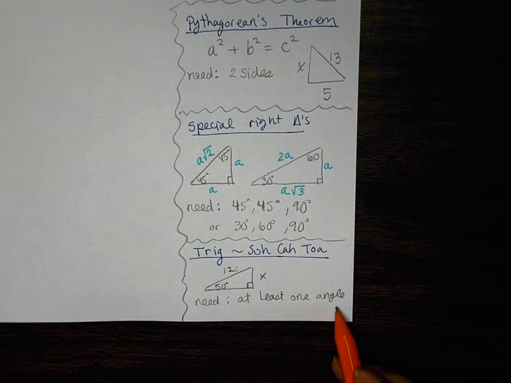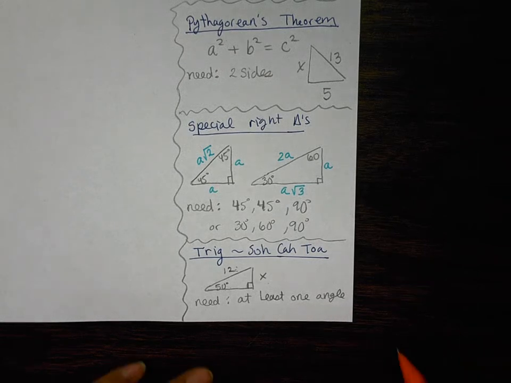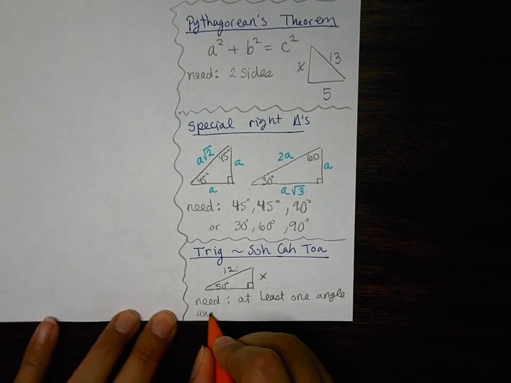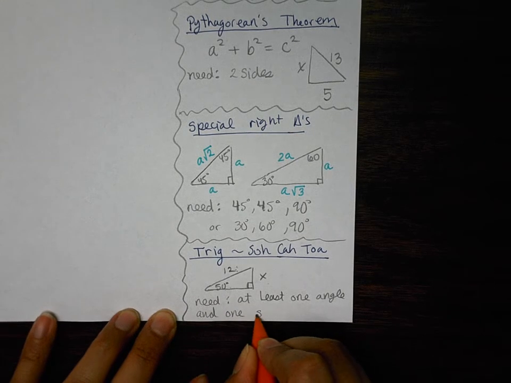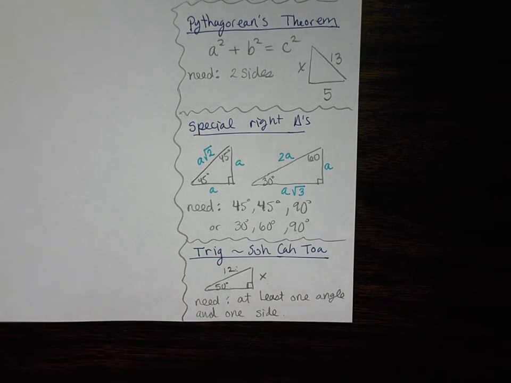We're not counting the 90. At least one angle. I say at least because is it okay if they give you two angles? Is it okay if they give you both? If they do, does it matter which one you use? No. So you need at least one angle and one side. And if they give you two sides, pick a side. It doesn't matter. Same thing.